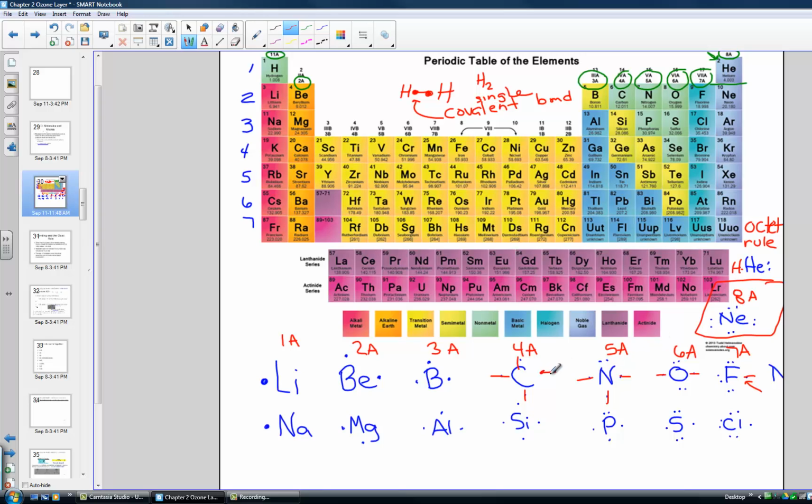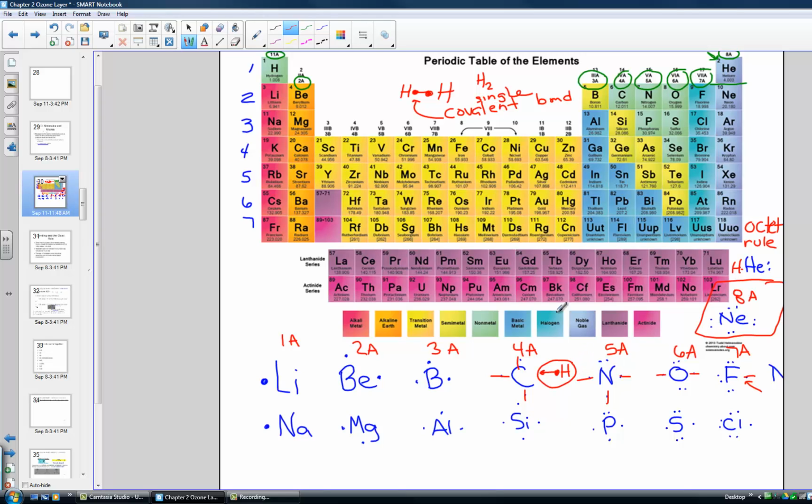So remember, when we share a pair of electrons, this line, this single covalent bond, represents a shared pair. 1 electron would come from another element that it's bonding to. Perhaps carbon wants to hook to hydrogen. Hydrogen with its 1 dot, group 1A, would form a single covalent bond, sharing a pair of electrons.